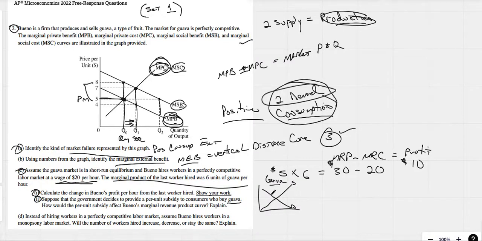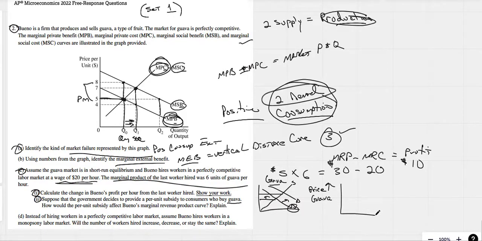If subsidies are given, what happens to demand for guava? It's going to go up, right? So if the demand for guava goes up, I know the price of guava is going to go up. And if the price goes up, the marginal revenue product of guava is going to go up also.